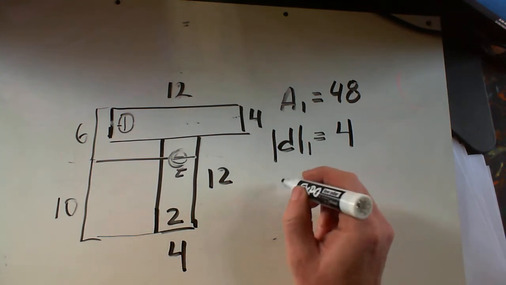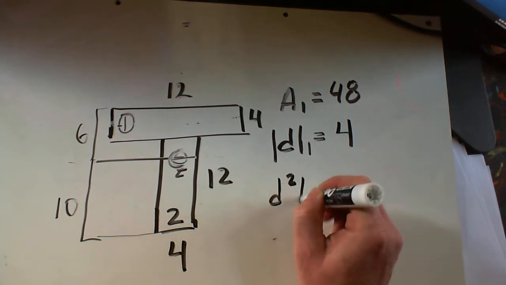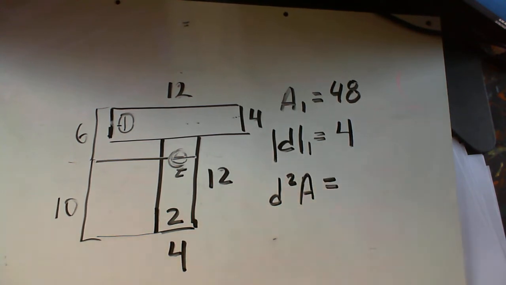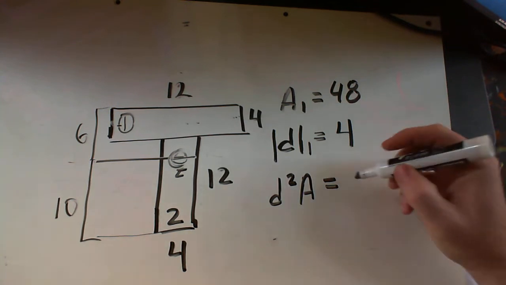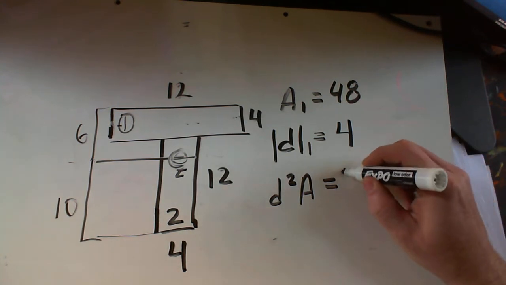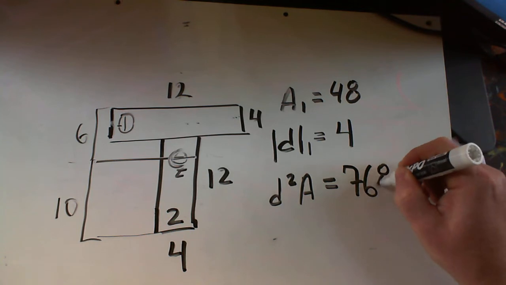That means that D squared A for shape 1 is going to be 16 times 48. I'm going to take out my calculator real quick. In the calculator, I am putting 16 times 48. 768. So the D squared A for that is 768.